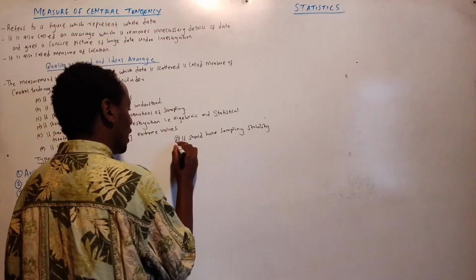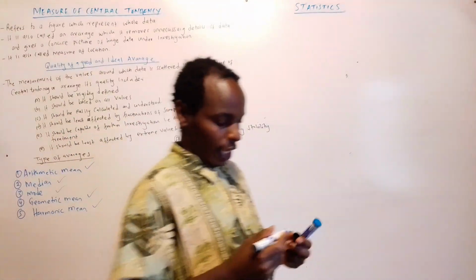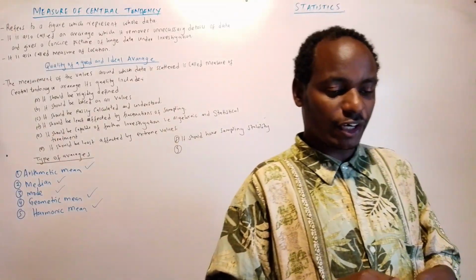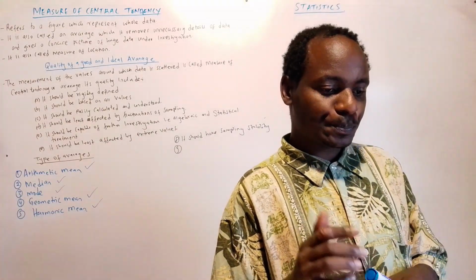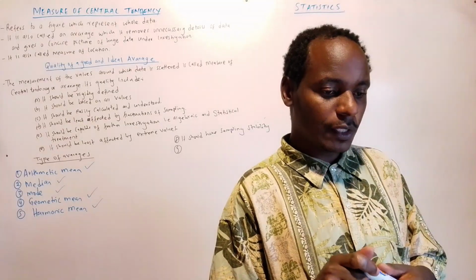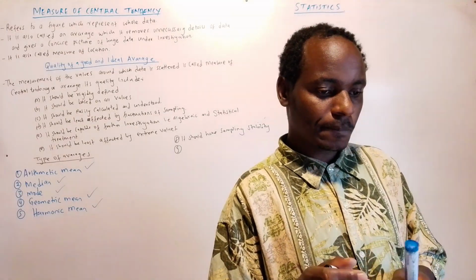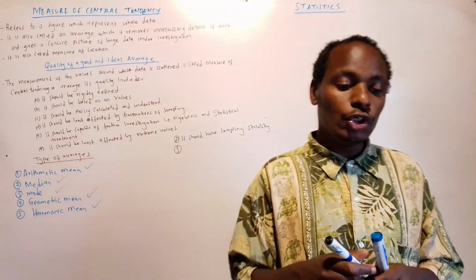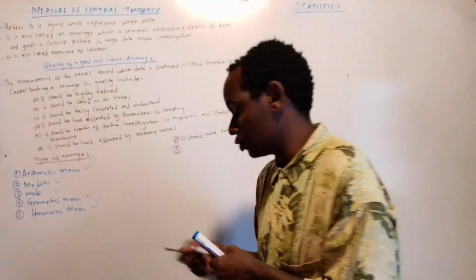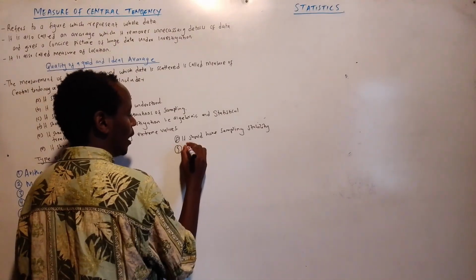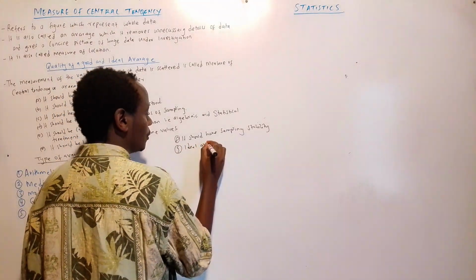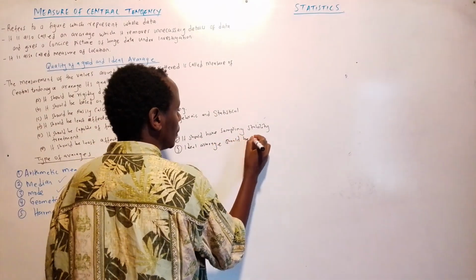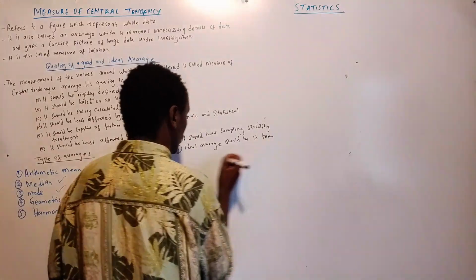So a good or an ideal average should have a sampling which is stable. And then the definition of an ideal average should be in the form of a mathematical formula.